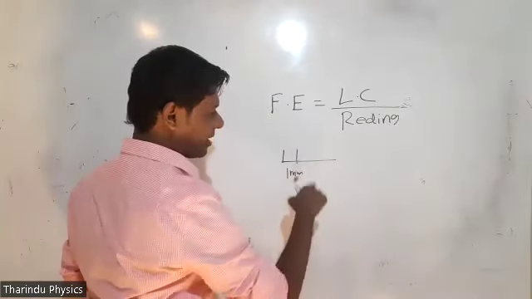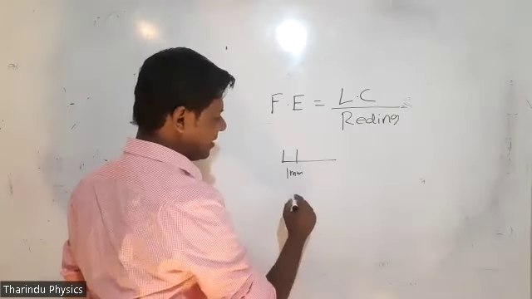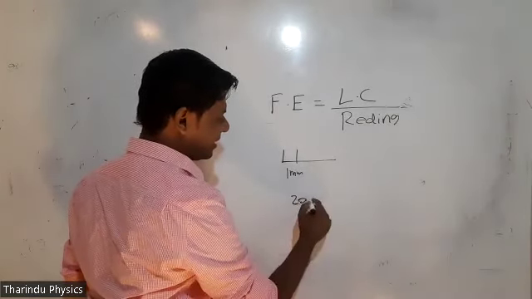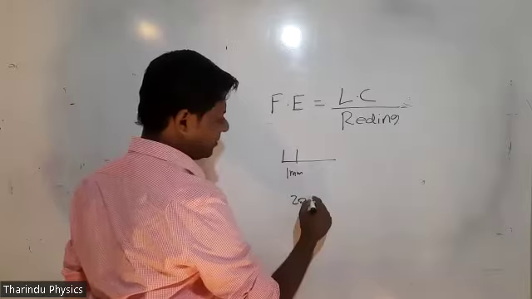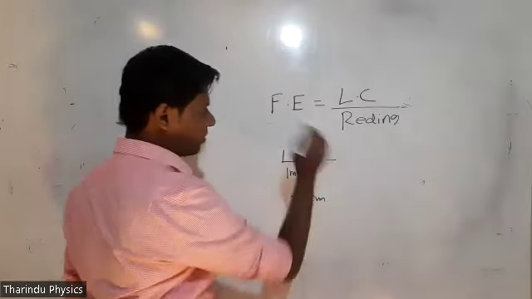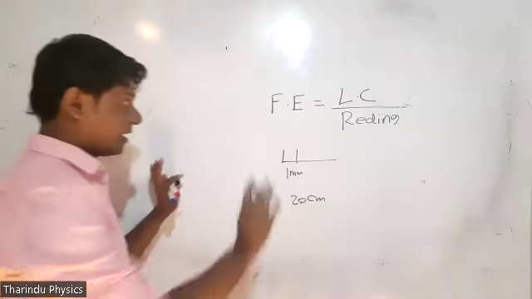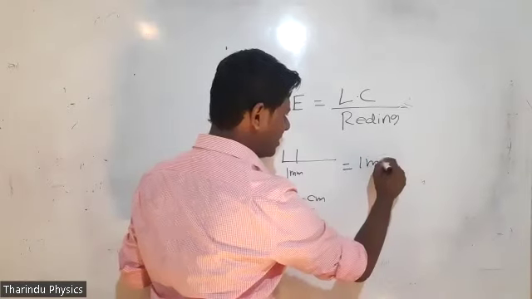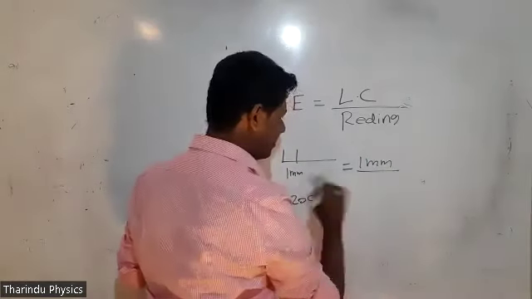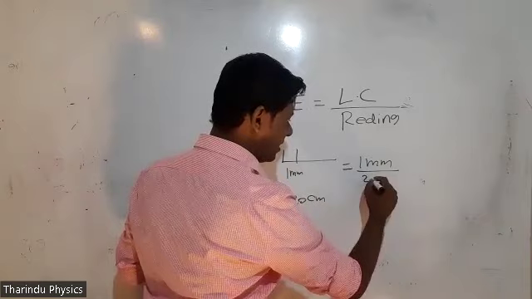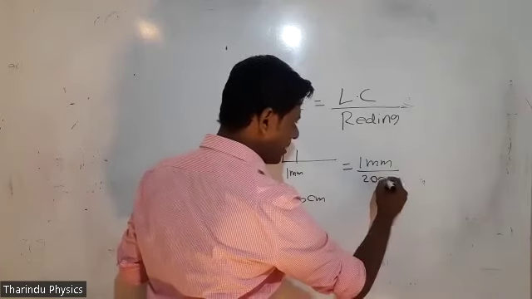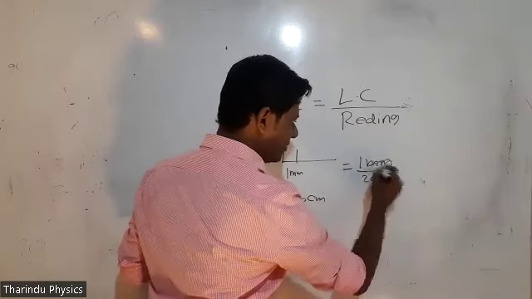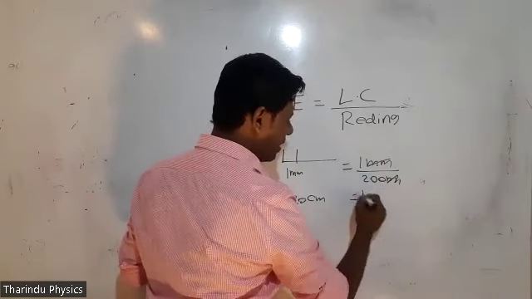If you take a reading of, imagine, 20 centimeters, you put the least count as 1 millimeter and the reading as 20 times 10, 200 millimeters. Your fraction is 1 over 200.